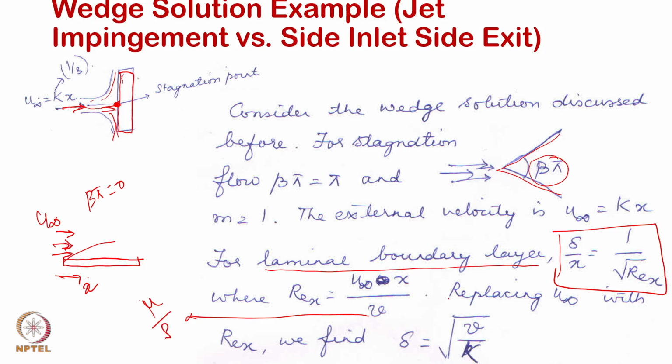So, if we replace u infinity with Re_x, we get this, and we can find delta to be a function of such nature.